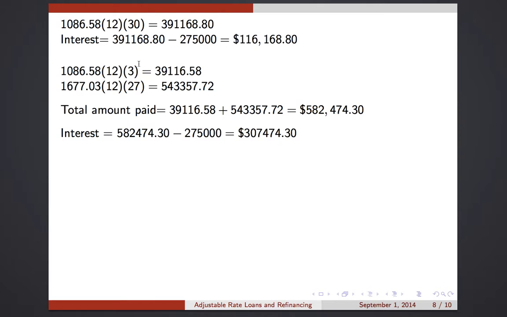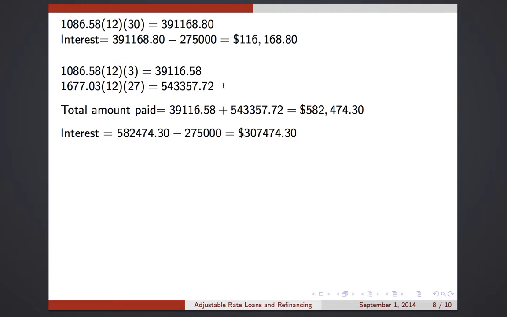Now, after the interest rate jump, you've paid $1086.58 monthly for 3 years, and then you paid $1677.03 for 27 years. So for the first 3 years, you paid $1086.58 monthly for 3 years, and that totals to $39,116.58. Now, for the next 27 years, you're paying $1677.03 monthly for 27 years. That number comes out to $543,357.72.